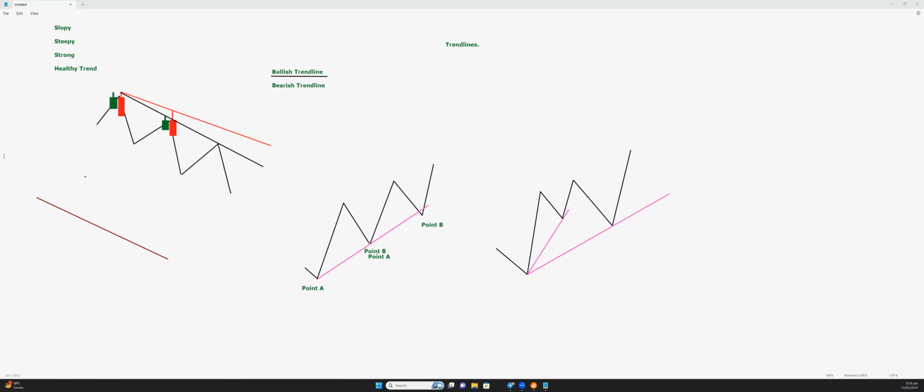So if the price is in this format, you can draw the two levels, higher to higher wick and higher to lower wick. If the price follows this trend line, you can use this one. If the price follows the upper one, then you can use that.